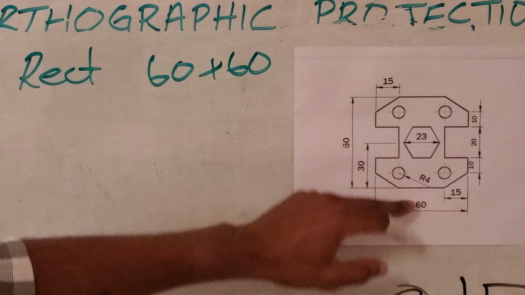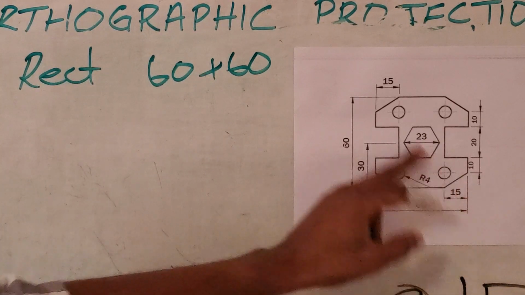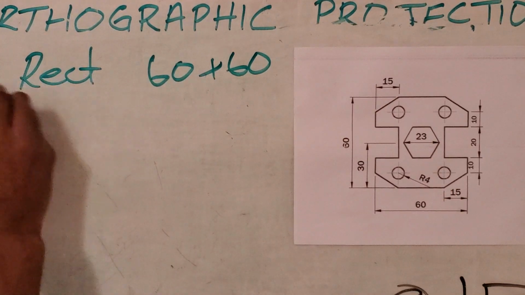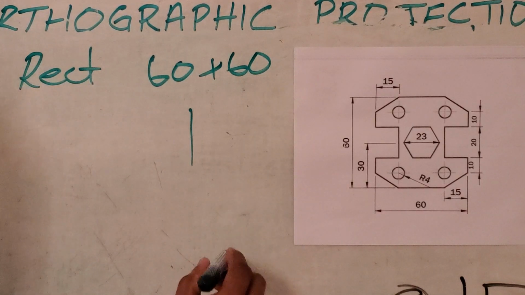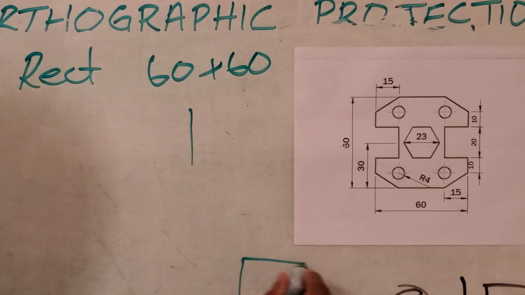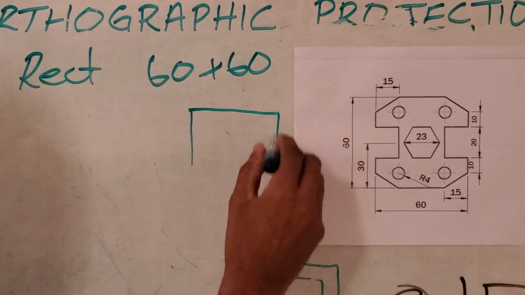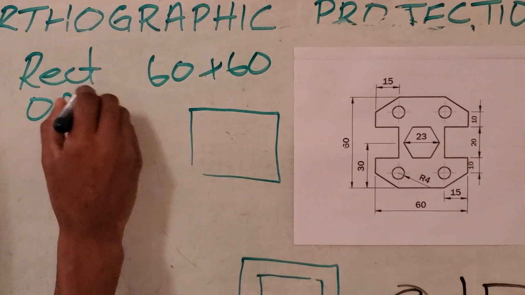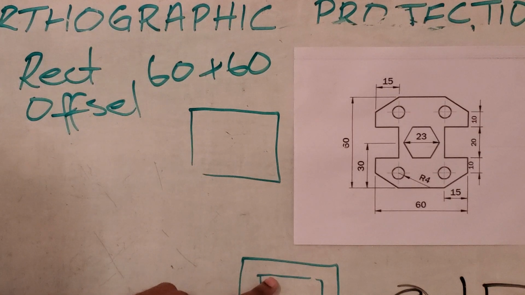So offset. This will be the first rectangle. We offset this by 15 to get this rectangle.